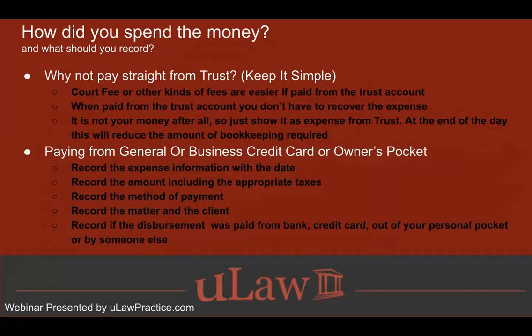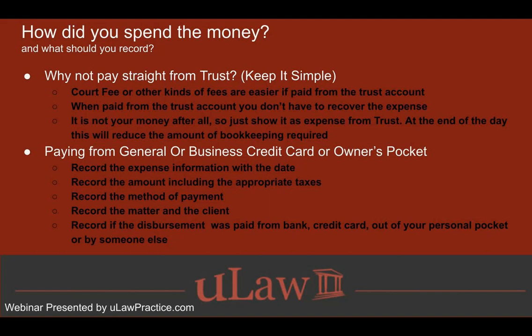If it is trust, it is much easier, but there are only certain disbursements that can be made straight away from trust. The rest are recommended to go from your general.